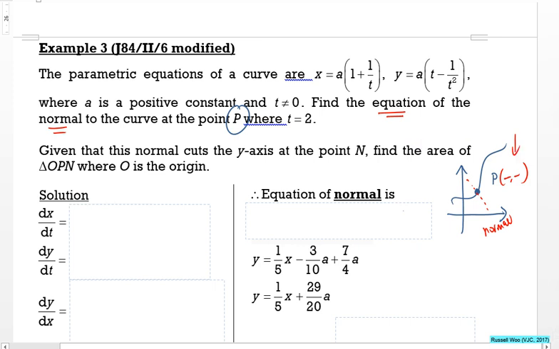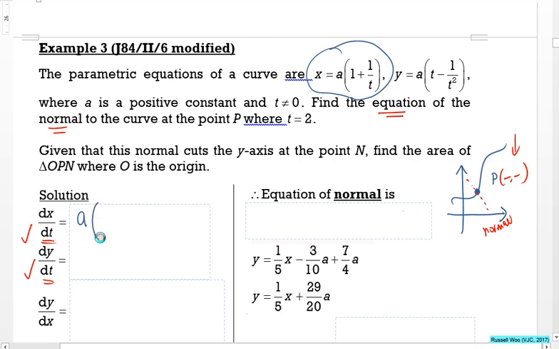Now, how do we find the gradient for parametric? We must first find dx/dt and dy/dt, then take this, divide by this. Am I right? Follow? Okay, let's do this. How do you differentiate this with respect to t?